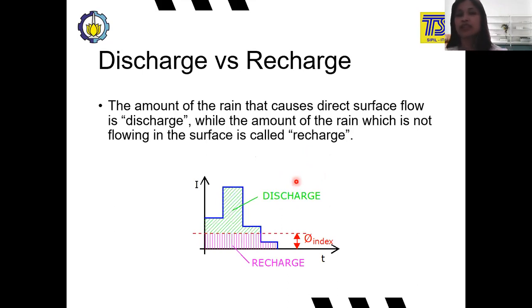And we can also know how much discharge and recharge we got from one hyetograph here.